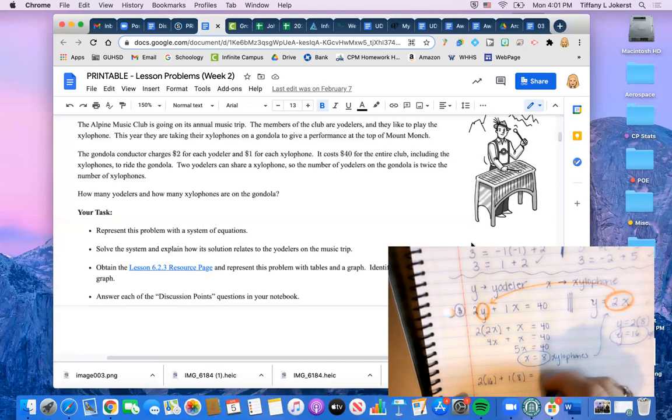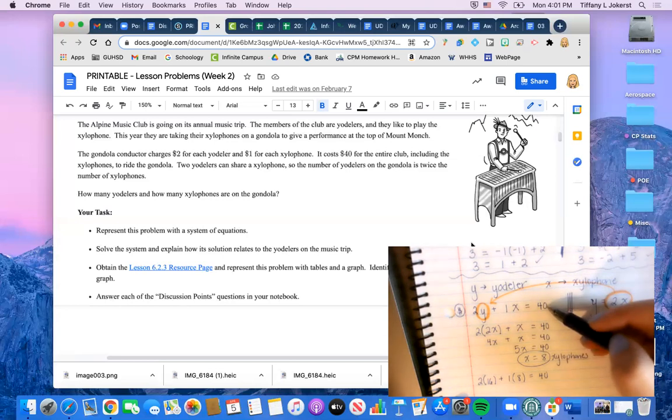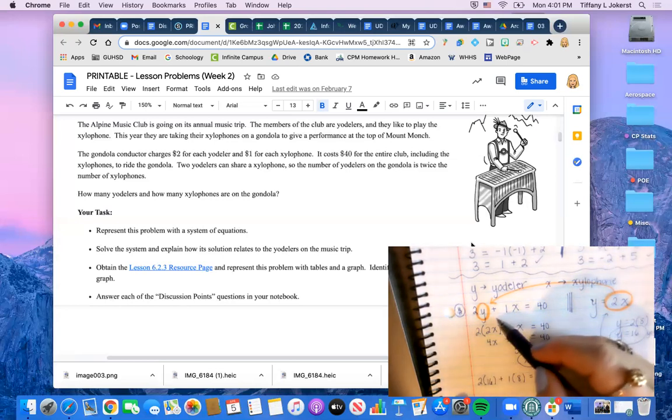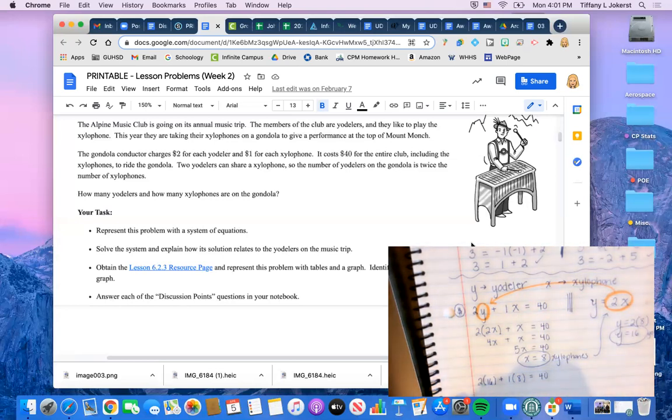That should be equal to 40. 2 times 16 is 32 plus 8. Does that give us 40? Yep, it does. So I know that I've done it correctly. This is the right answer.